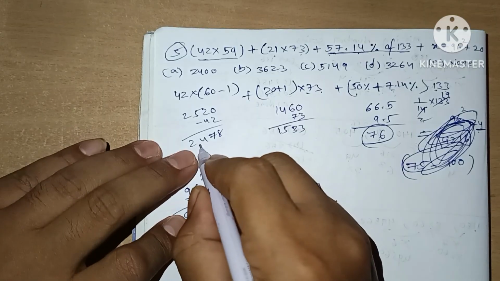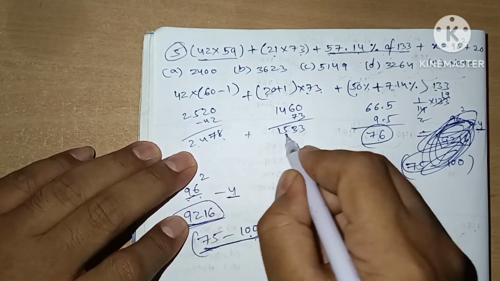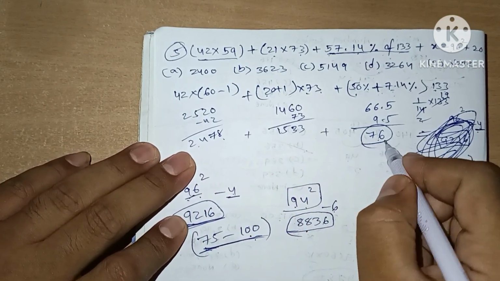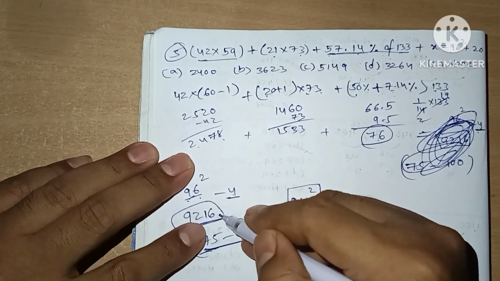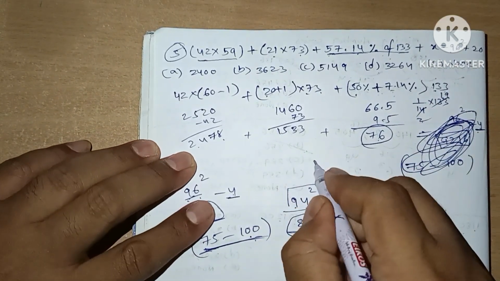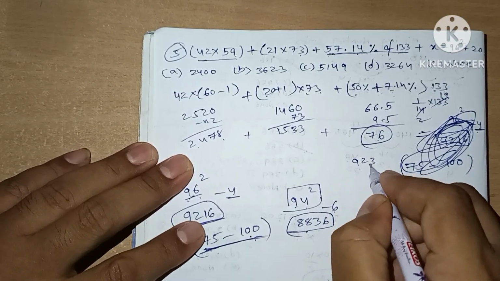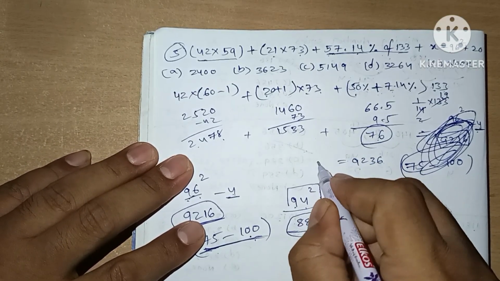So here we have 2478 plus 1533 plus 76 plus x equals 9216 plus 20, so 9236 whole equals x.